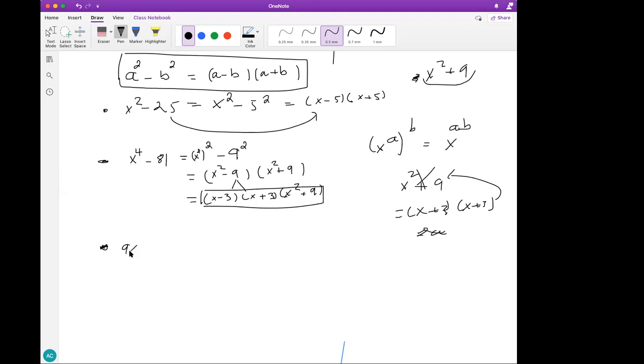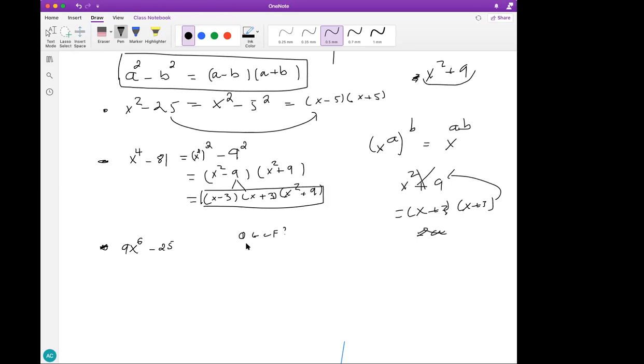So check out this other problem. 9x squared minus 25. Is that a 9x? Oh, okay, that's right. So again, the checklist: always try GCF. In this case, we're going to try GCF and see if it works.